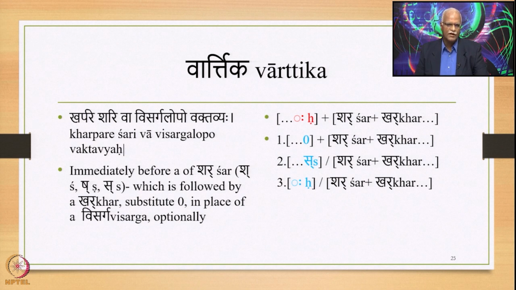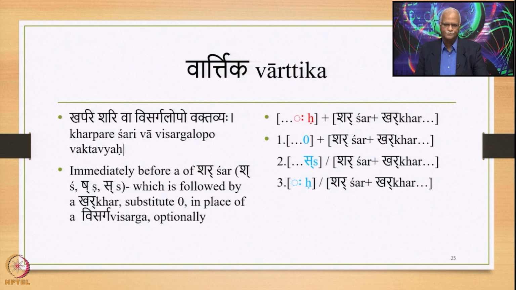The meaning of this vartika is: immediately before a shar which is followed by a khar, substitute 0 in place of a visarga optionally. I repeat, immediately before a shar which is followed by a khar, substitute 0 in place of a visarga optionally.